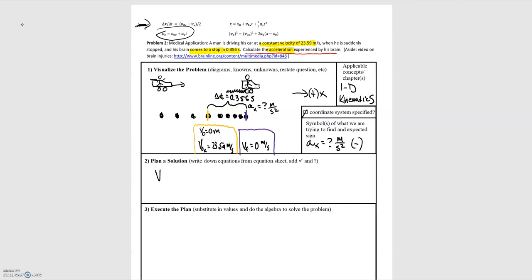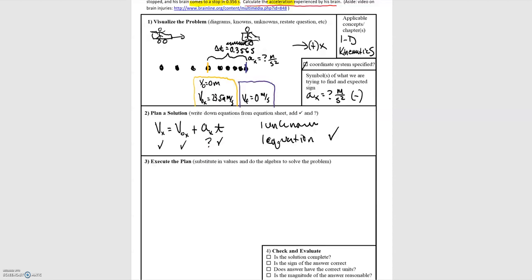So we have our final velocity is equal to our initial velocity plus the acceleration multiplied by the time. Just checking off what we know and don't know. We know the final velocity, we know the initial velocity, we are looking for acceleration, and we know the time. So we have one unknown, and we have one equation. So we are good to solve.